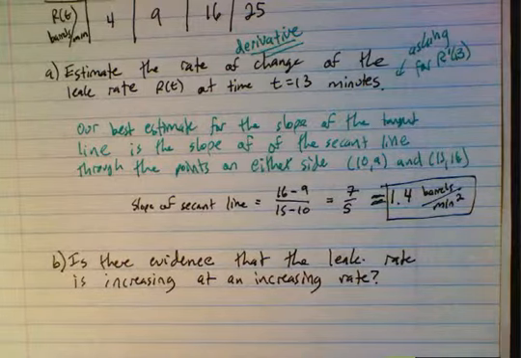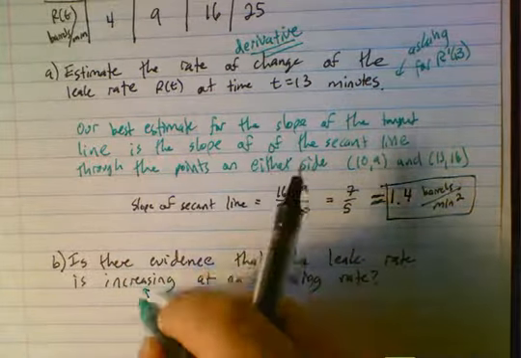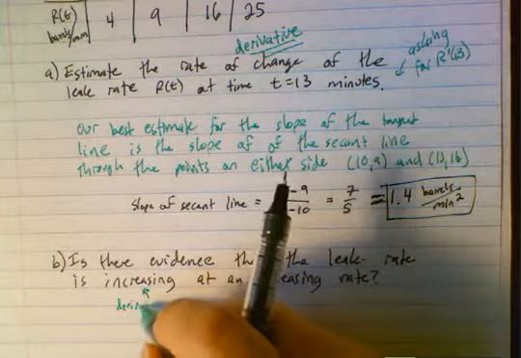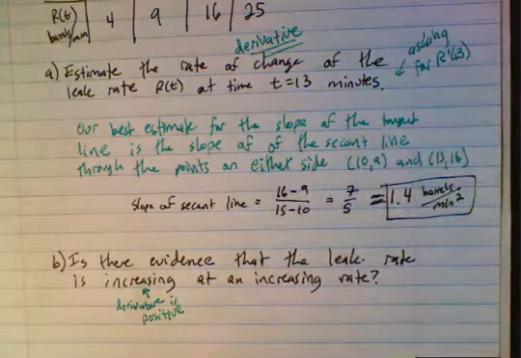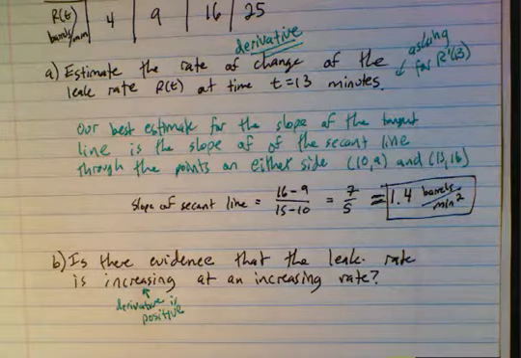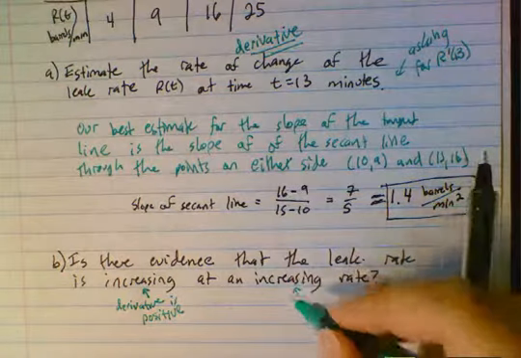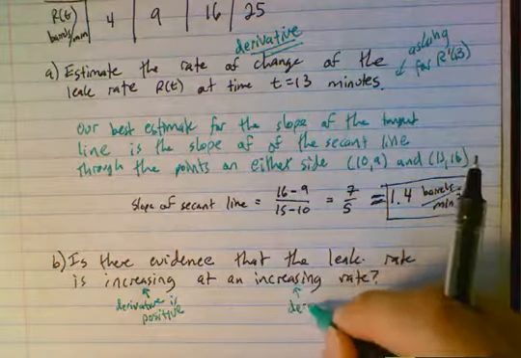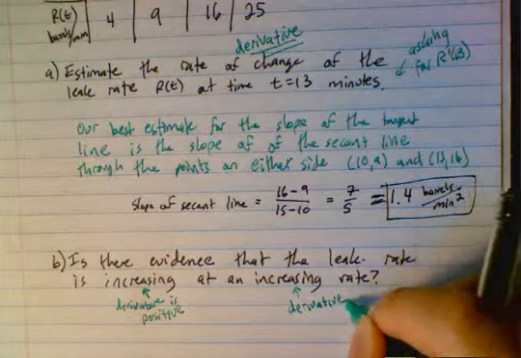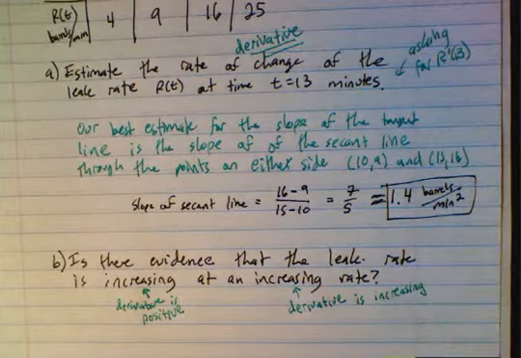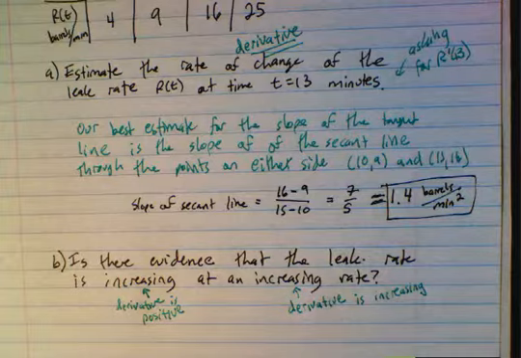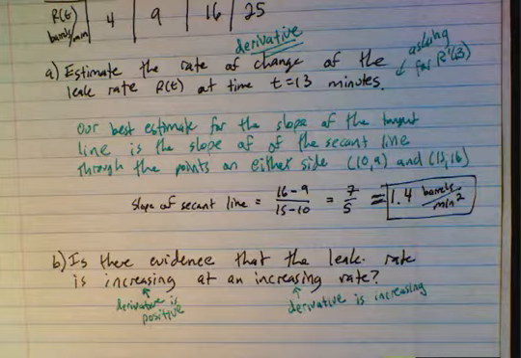let's translate that into math. So increasing means the derivative is positive, and at an increasing rate means the derivative is increasing. Basically, the rate of change, the derivative, is getting more and more positive over time.